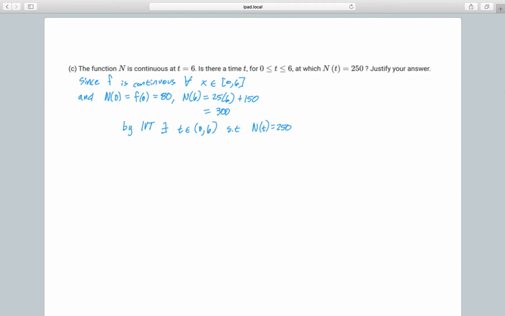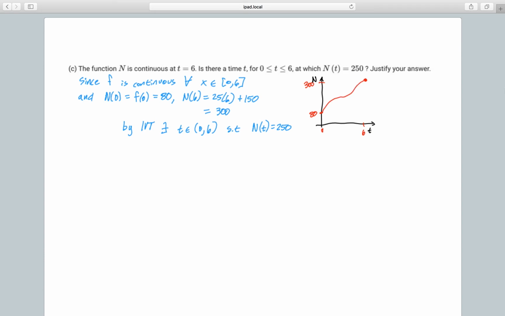And all we're saying, I'll draw this out visually. Let's say that this is your n, number of fish, and this is time. We know at time 0, there were 80 fish. We know at time 6, there are, let's say, 300 fish. And we also know that this function is continuous, so there are no breaks in it.